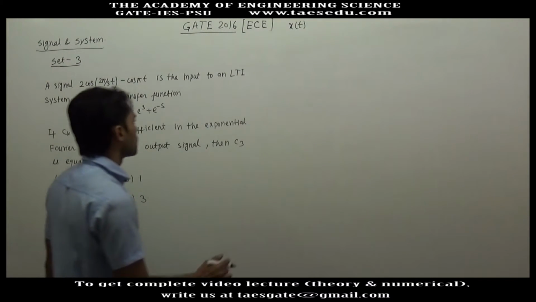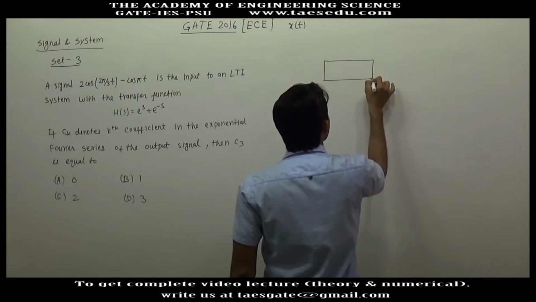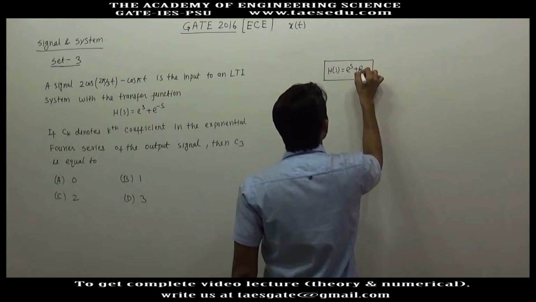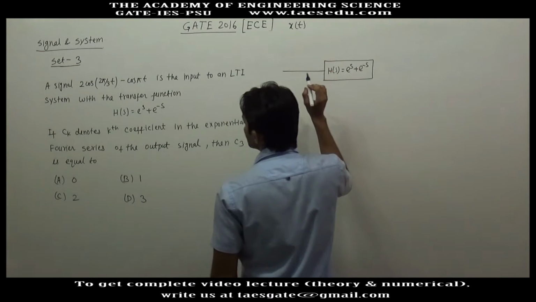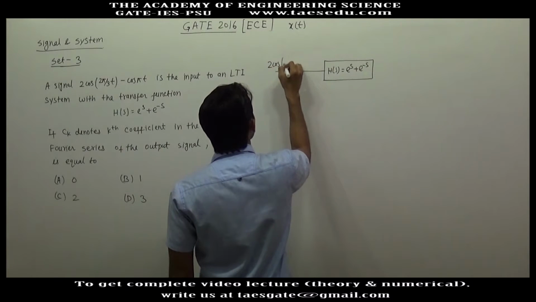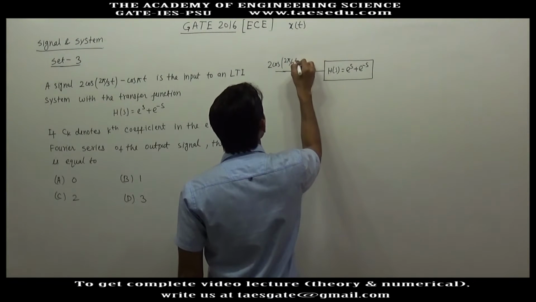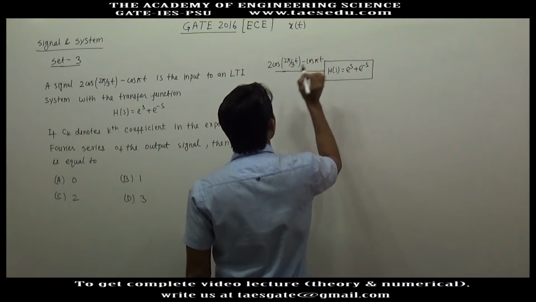In this question, we have a system with transfer function H(s) equal to e to the power s plus e to the power minus s, and the input to this system is 2 cos(2π/3 t) plus minus cos(πt).